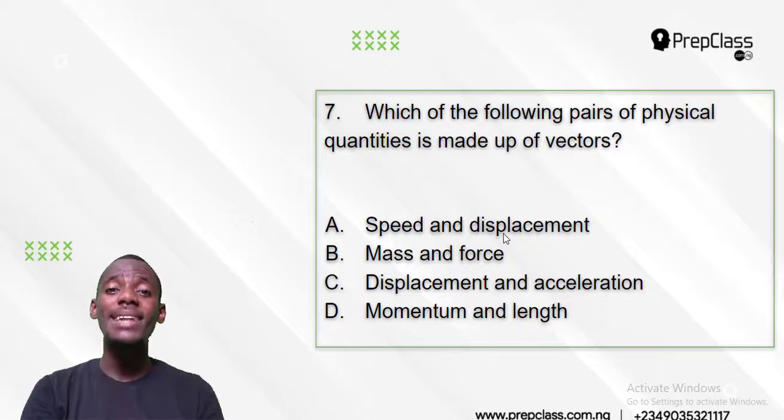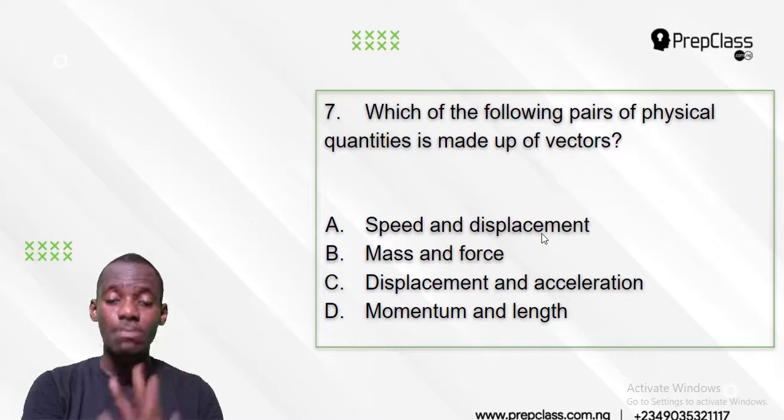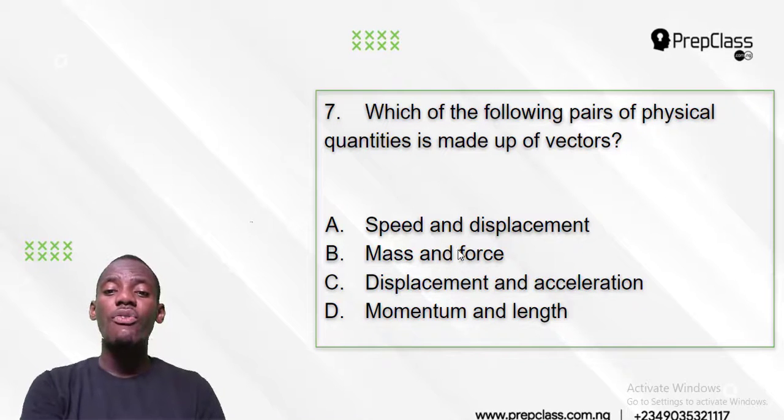Scalars consider only magnitude. Now speed is a scalar, magnitude only. Displacement is a vector, magnitude and direction. It has both. Force is a scalar, magnitude only. Mass is a scalar, magnitude only. Force is a vector, magnitude and direction. So 2 of them are not made up of pure vectors.